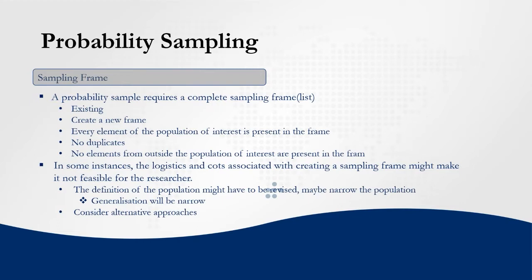If you don't have a sampling frame, can you create one within your time limits and other resources? Then you need to ensure that every element of interest is in the frame, so it's about the frame being complete.